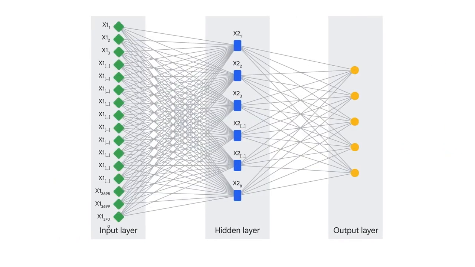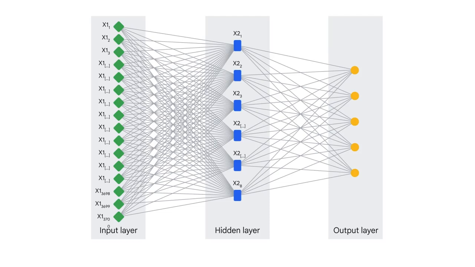Artificial neural networks are inspired by the human brain. They are made up of many interconnected nodes, or neurons, that can learn to perform tasks by processing data and making predictions. Deep learning models typically have many layers of neurons, which allows them to learn more complex patterns than traditional machine learning models.